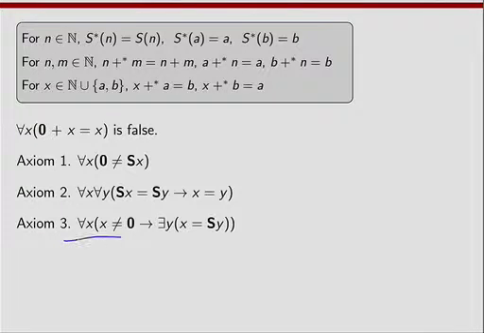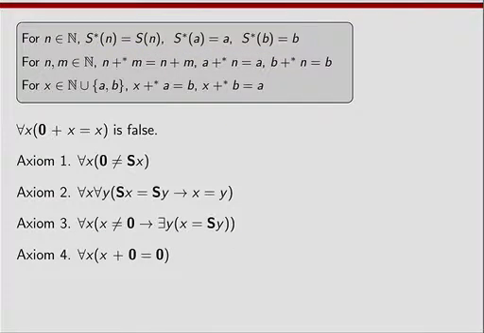Axiom 3 is also easy to see is satisfied, because for all natural numbers, the interpretation of S star is just the old successor function, which indeed satisfies this axiom right here. And the new interpretation does because if x is equal to a, we let y equal a, and if x is equal to b, we let y equal b. And we have a equals successor of a and b equals successor of b. Okay, so it's easy to see that these first three axioms are satisfied by this interpretation of S.